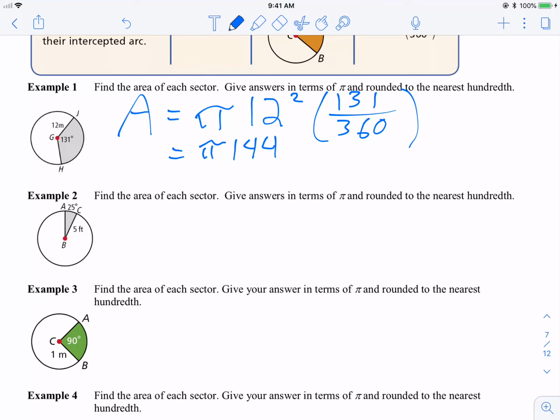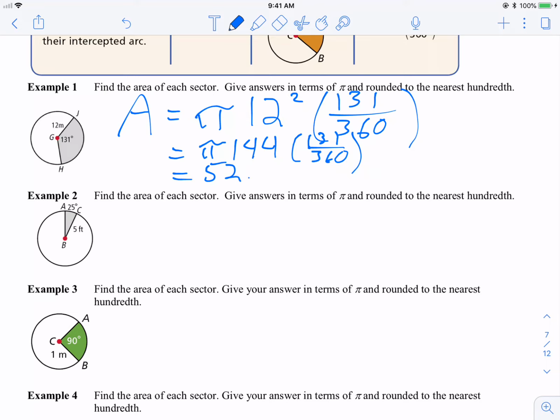And we're then multiplying by this fraction here, 131 out of 360. Let's just let the calculator take care of that multiplication. So 144 times 131, and then we'll divide that by 360. We do get a decimal that's easy to work with. It's 52.4.